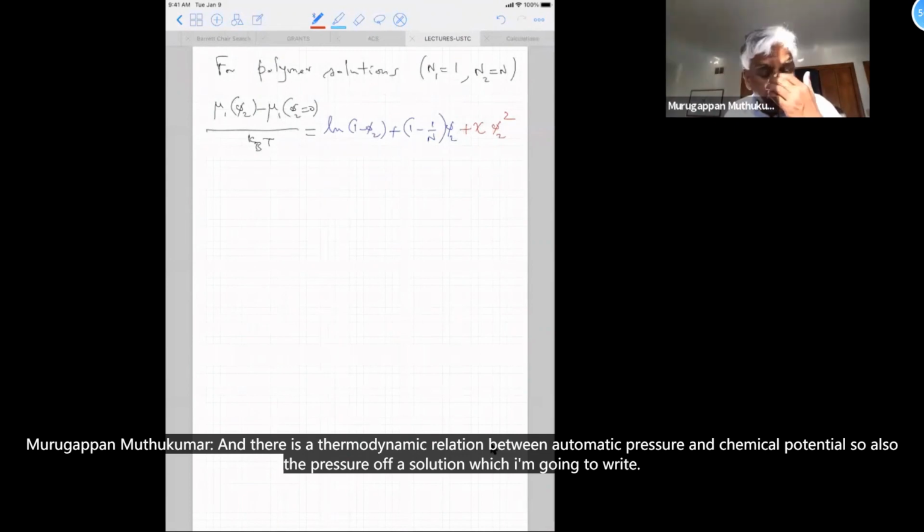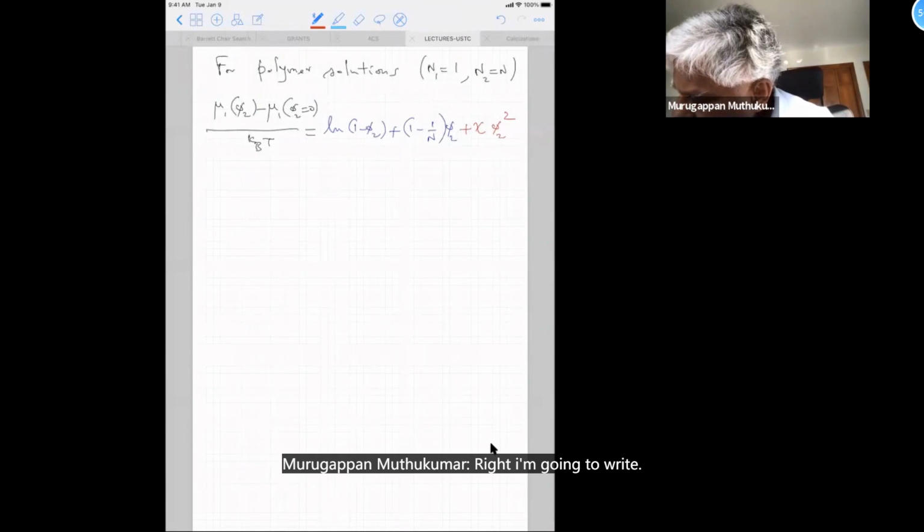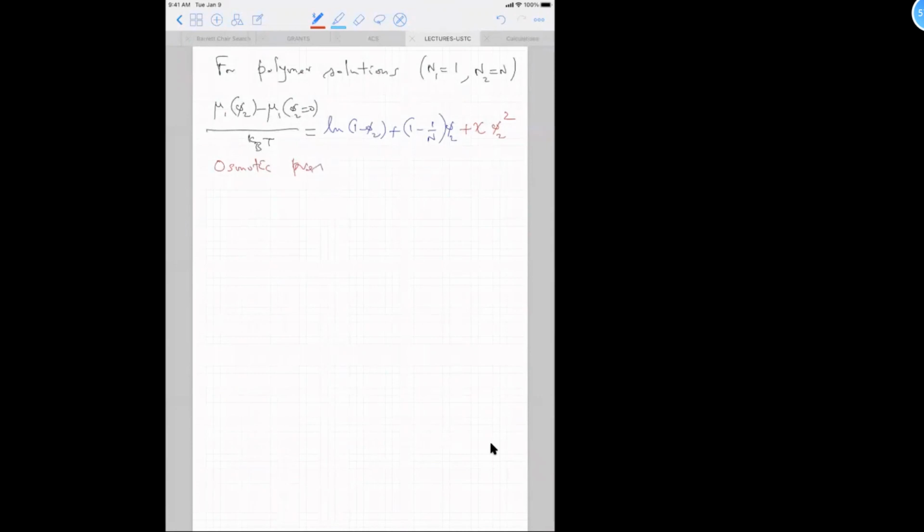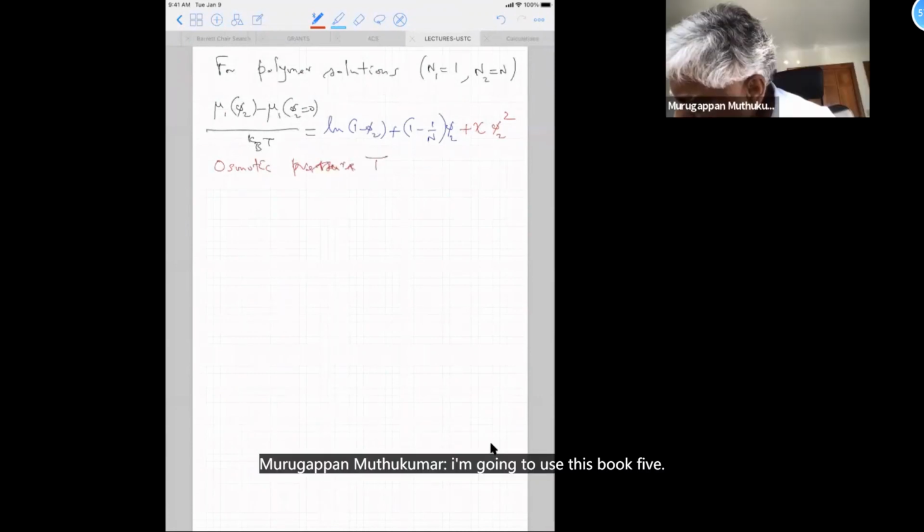So the osmotic pressure of a solution, I'm going to write, I'm going to use the symbol pi.